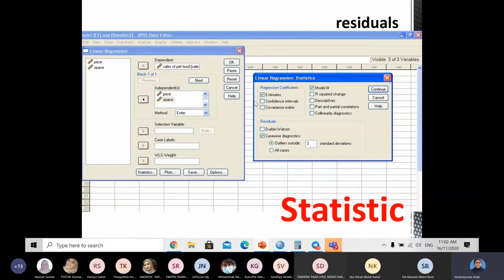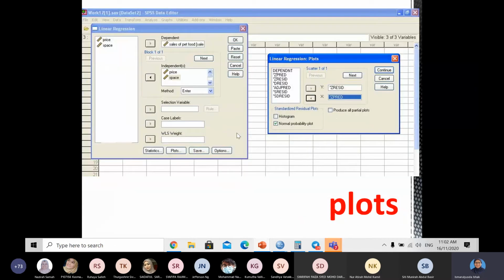You check for estimates, model fit, and case-wise diagnostics, outliers outside 3 standard deviations. Check this one for residuals and click Continue. Then this is what appears when you click Plots.